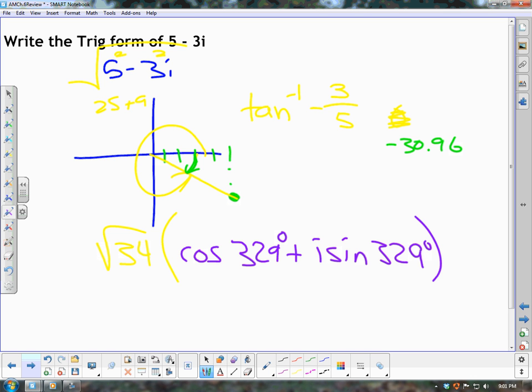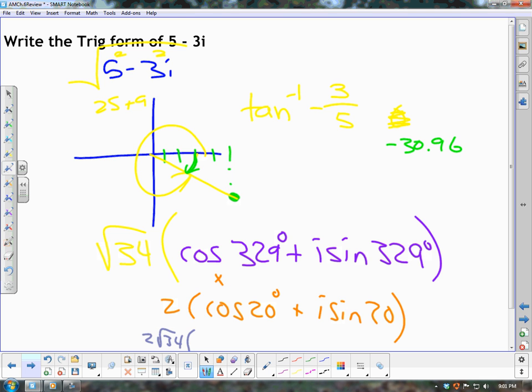And then you will have some other ones where you're going to do some multiplying. Remember, if you get something like 2 cosine 20 plus i sine 20, and you're going to multiply these two things together, you just multiply, so you get 2 square root of 34, and then you add the angles.